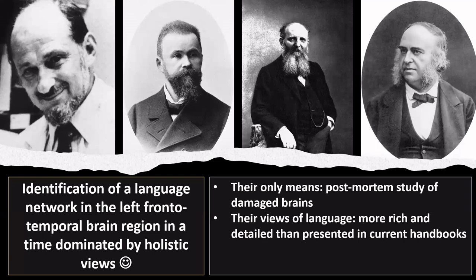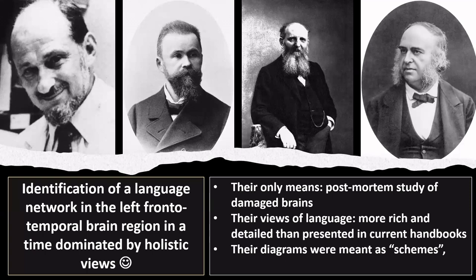So we should do them right by actually admitting that they weren't that stupid to simplify language that much, but it has been done in handbooks and textbooks following the description of their model.